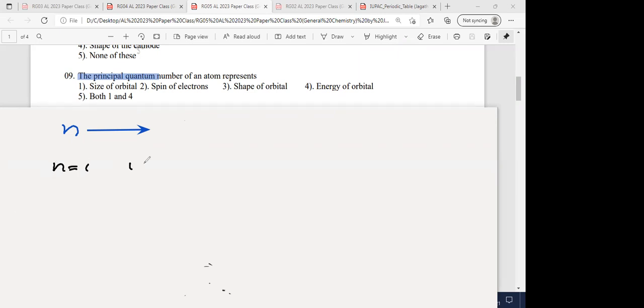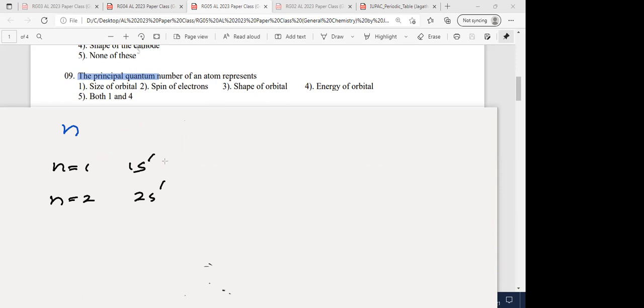When n is 1, I'll write 1s. When n is 2, I'll write 2s. Imagine you have 1s1 and 2s1. Which electron has more energy? The electron in 1s or 2s? So by looking at the principal quantum number n here, we can decide the average energy, right?